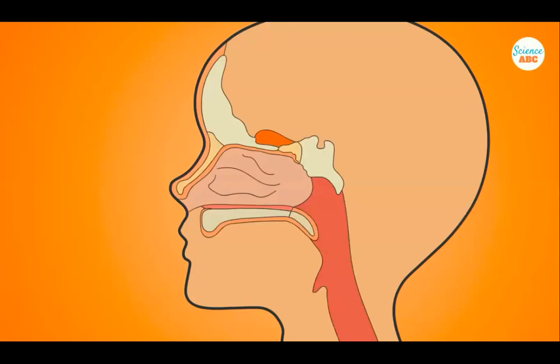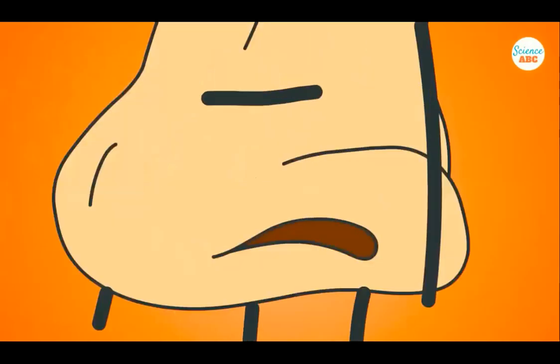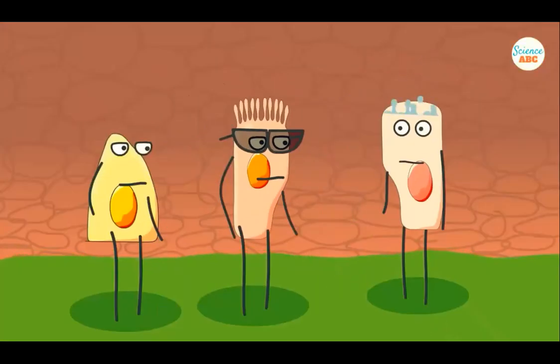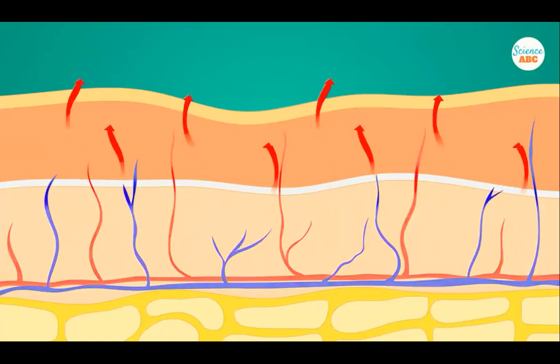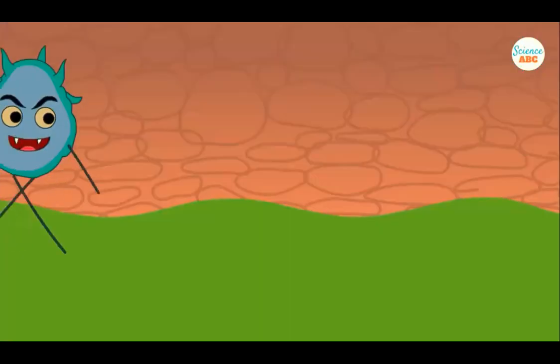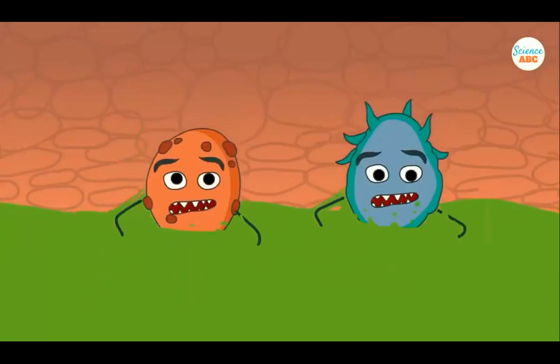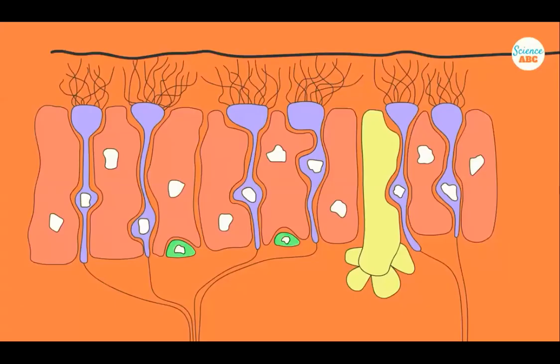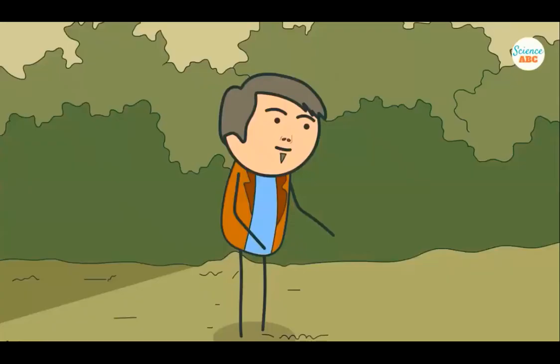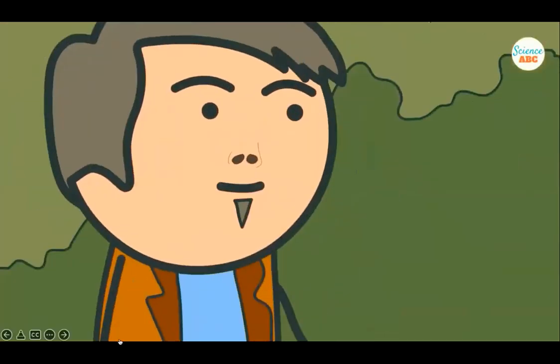The nose consists of the nostrils, and deeper inside, the nasal cavity. The epithelial cells in the nose produce mucus, which moistens the air, while blood vessels bring in heat to warm the air. The mucus also traps any dirt and pathogens that might try to invade the lungs. Also inside the nose are millions of olfactory receptors that help us smell the world around us.